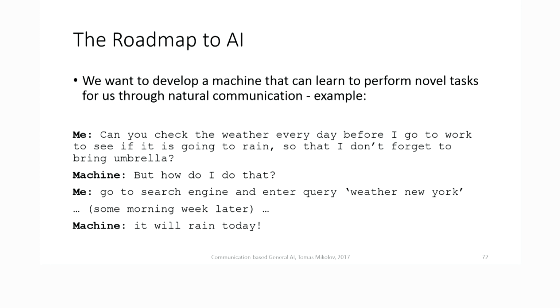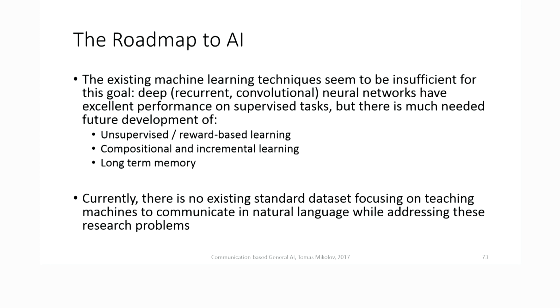So it seems to be a simple task, but if you think of what all information the machine would have to be able to process correctly, then it's completely out of scope of, say, just having some recurrent network trained on a lot of these dialogues. It just wouldn't work at all, no chance.